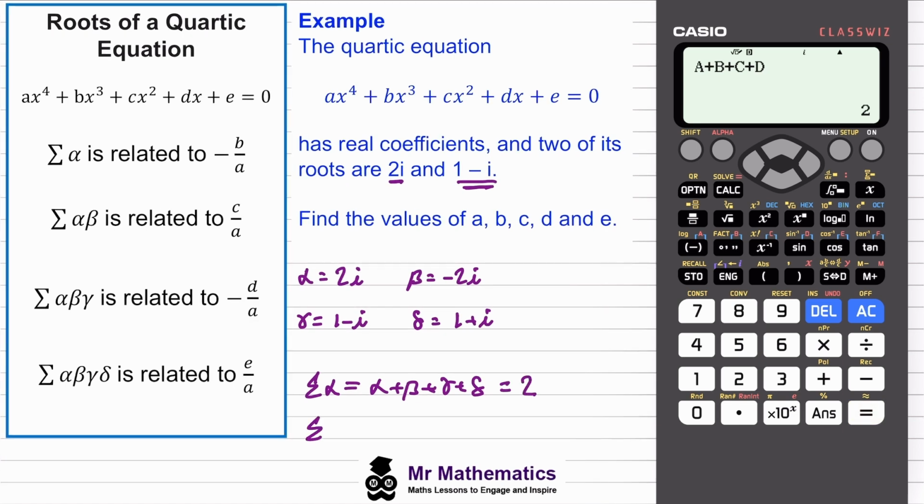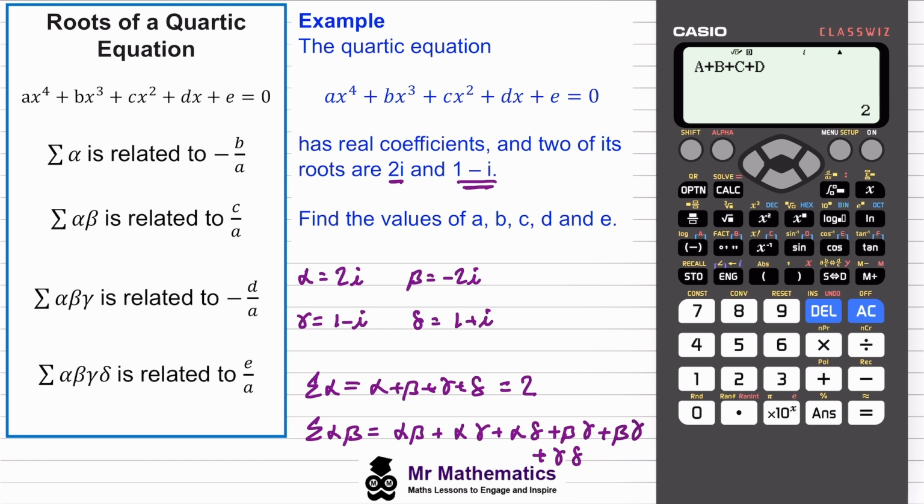Then the sum of alpha beta will be the sum of our possible products of 2 roots: alpha beta plus alpha delta plus alpha gamma plus beta gamma, beta delta, and then finally gamma delta.